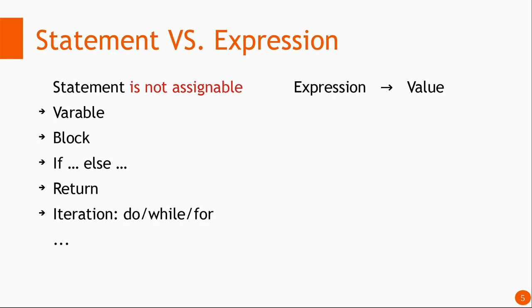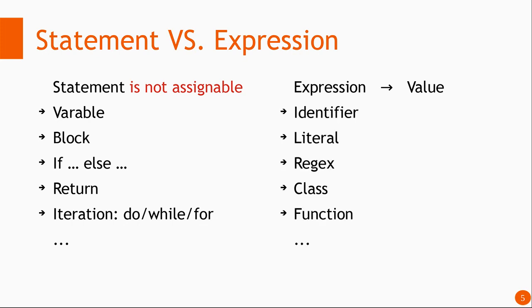An expression will and can only be evaluated to just one value in the current ES10 JavaScript standard. So what are the types of values? We have identifier, literal, regex, class, function, etc. Again, don't worry if you can't remember all these terms. It's unnecessary here.